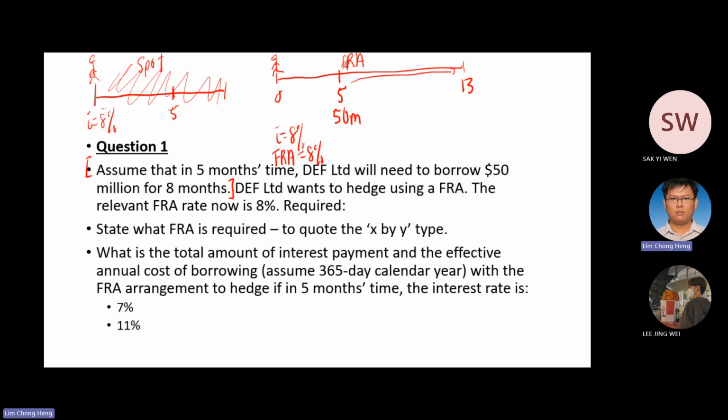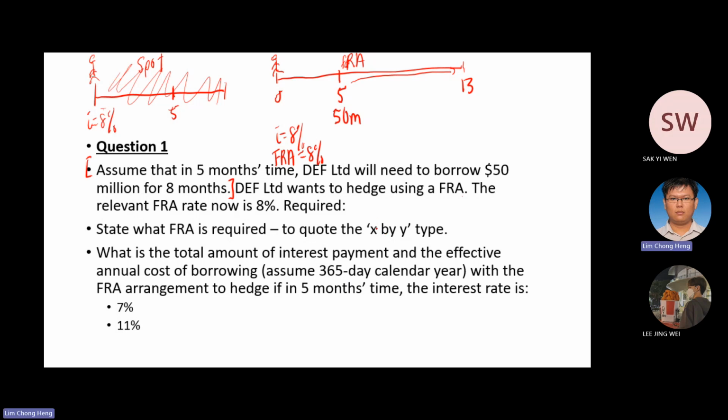Now the first question asks you: you go to the bank. Normally, the forward contract is provided by the bank, in Malaysia a bank provides the FRA contract. You tell the bank you want to buy the FRA contract, and they will ask which contract you want.